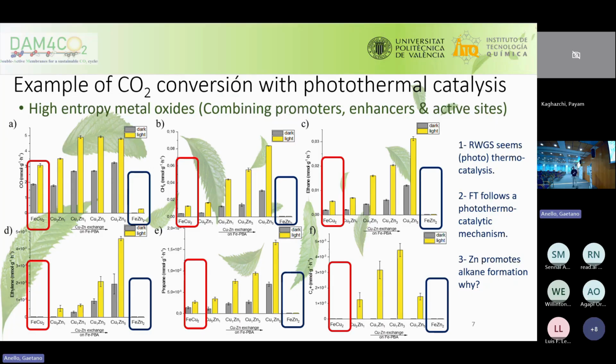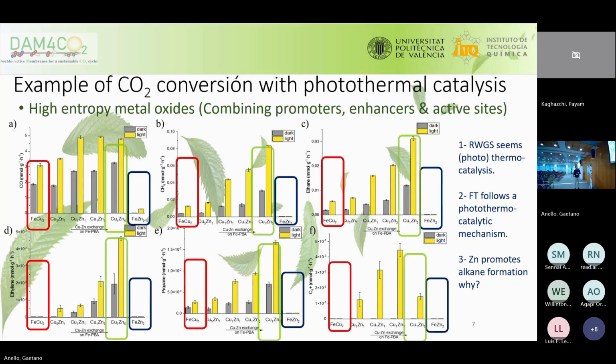Whereas the Fischer-Tropsch is following a real photothermal mechanism, in which light is changing the selectivity and making the reaction more efficient. And also the zinc, what is making the difference in our materials, is pushing the production towards the alkane products.